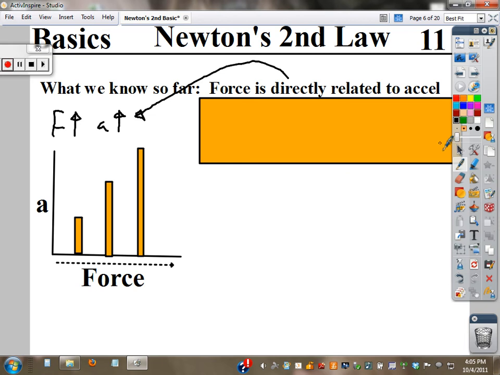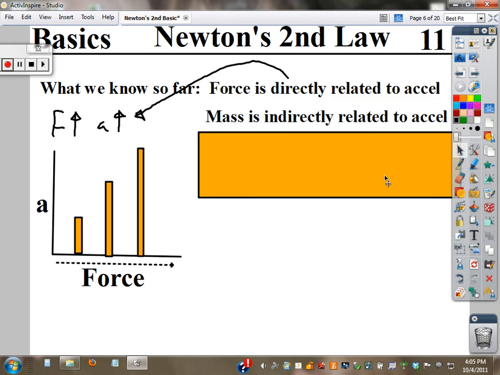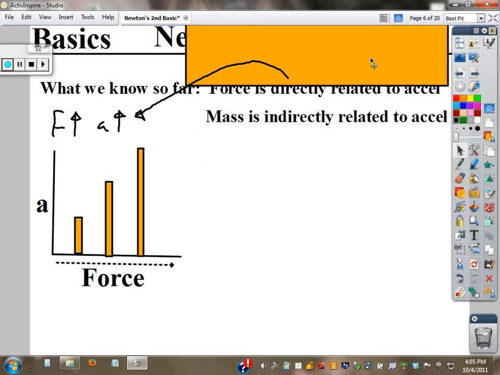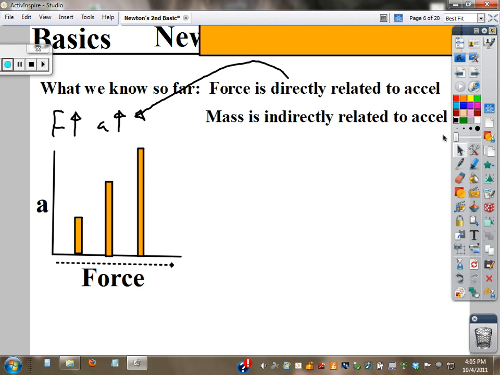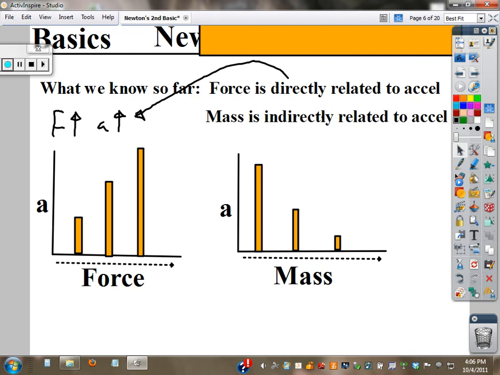So we're on page 11. Draw the graph and write these down. And 12, mass is indirectly related to acceleration. So write that down and draw this graph. Oh boy. Here we go.